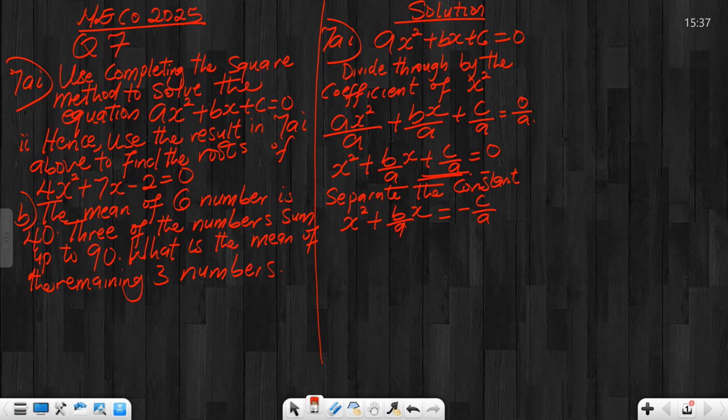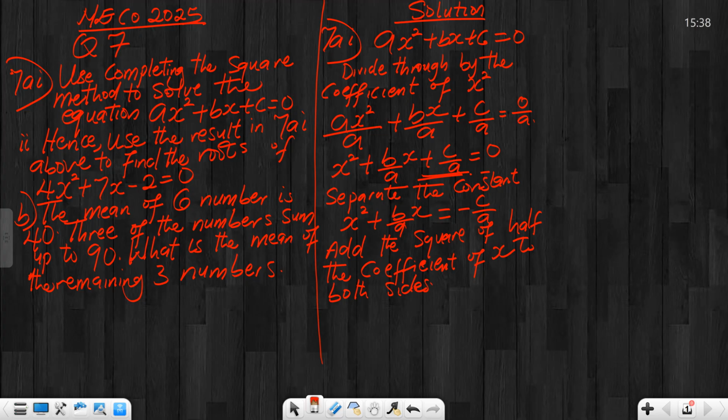Then the next step will be to add the square of half the coefficient of x to both sides. What does that mean?